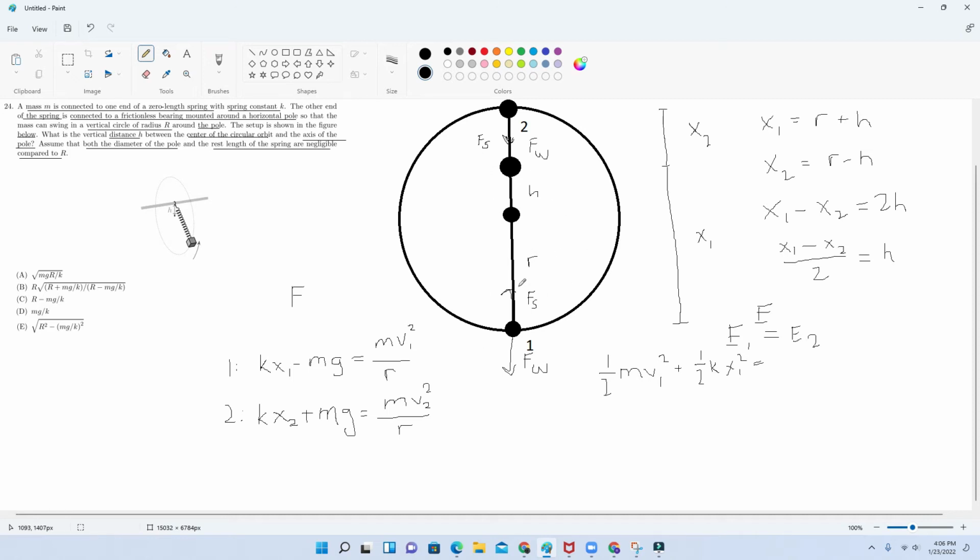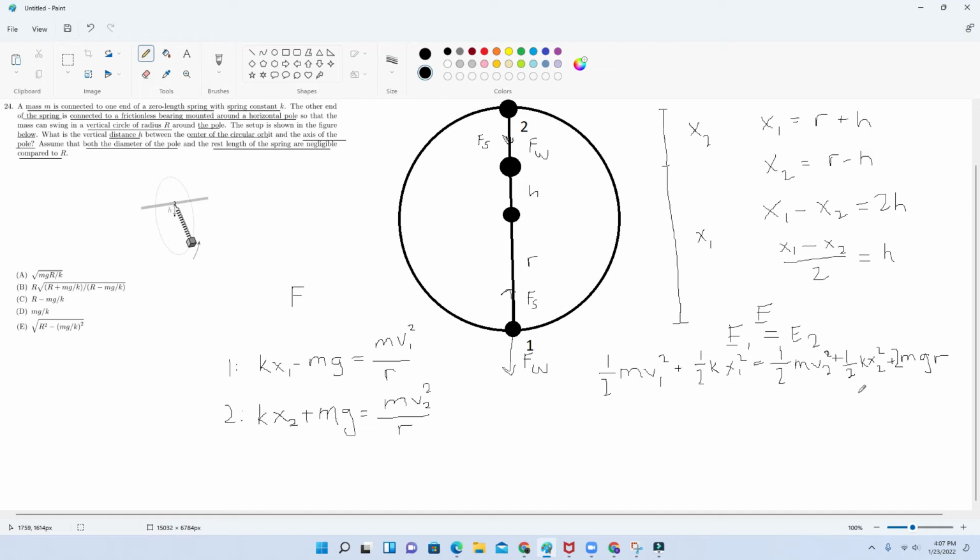So we're going to have to add the gravitational potential energy from the 2r distance in between. So first our kinetic energy, 1/2 mv2 squared plus 1/2 kx2 squared. My 2 is not coming out well. Plus the gravitational potential energy, which in this case is mg times the distance between them, 2r. So we put the 2 before and we put the r after.